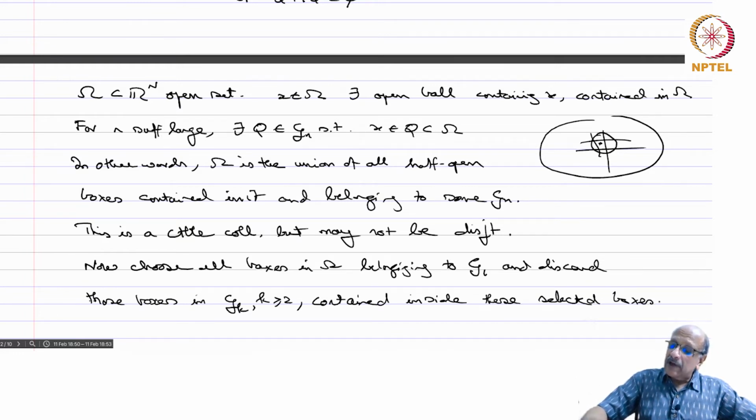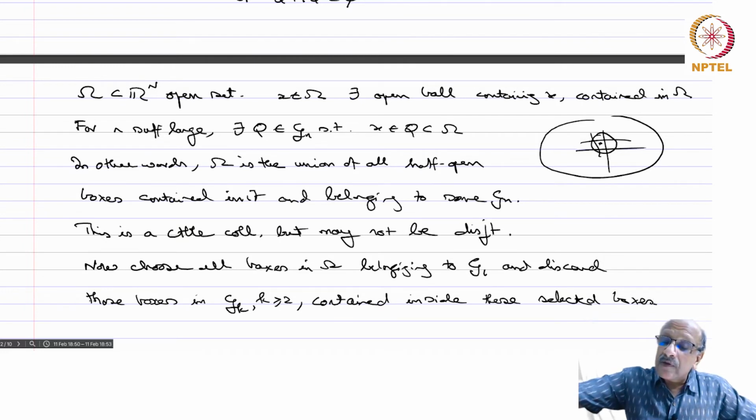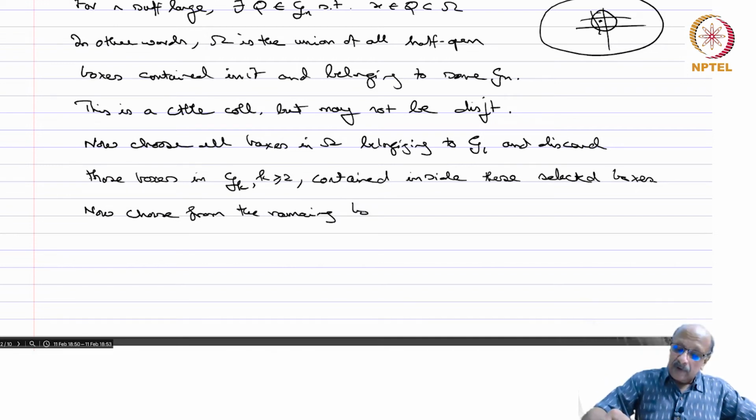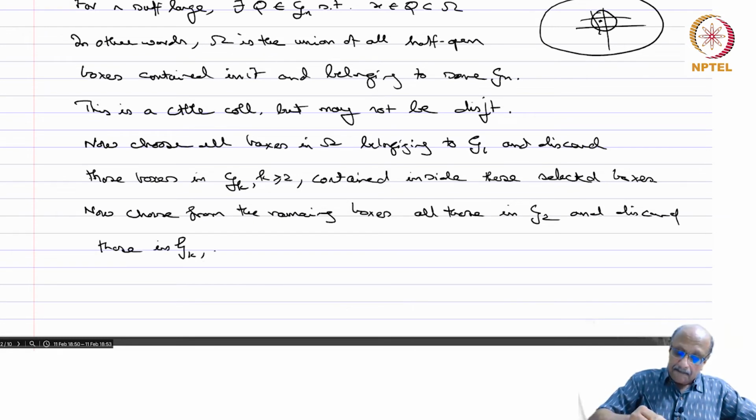So you are throwing away the superfluous ones. Now choose from the remaining boxes all those in G_2 and discard those in G_k, k greater or equal to 3, contained in the selected boxes.